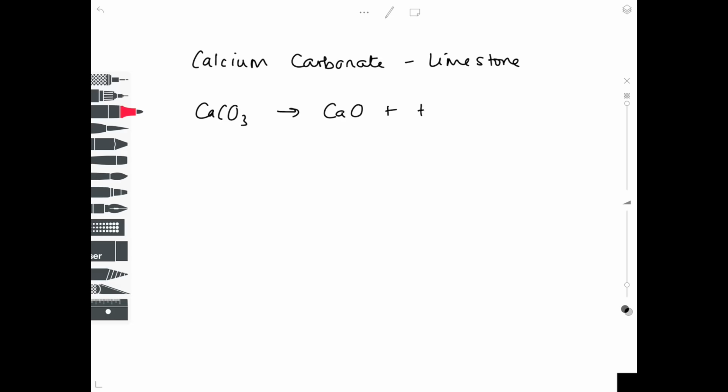So looking more closely at carbonates, and specifically calcium carbonate, which we know is limestone, which is really the limestone cycle. So what we need to do first of all is get our calcium carbonate, we heat it, and it thermally decomposes into calcium oxide and carbon dioxide. So as I just said, that is a thermal decomposition reaction.